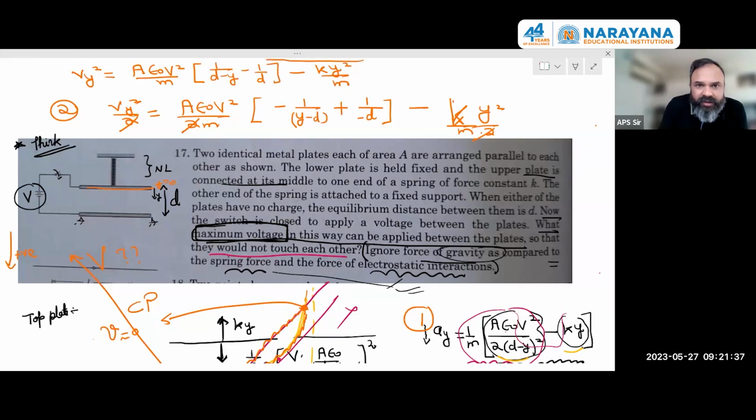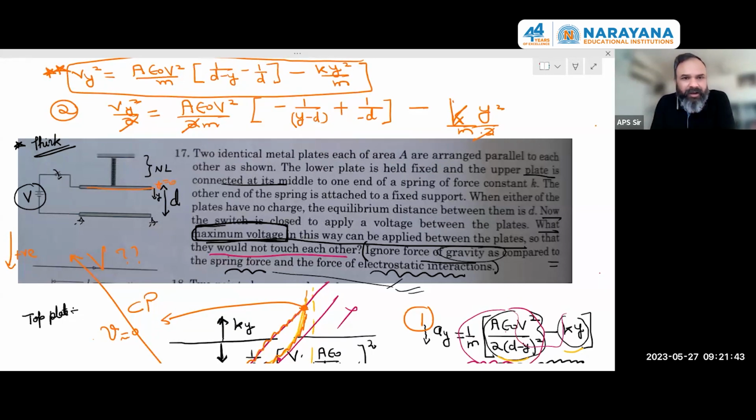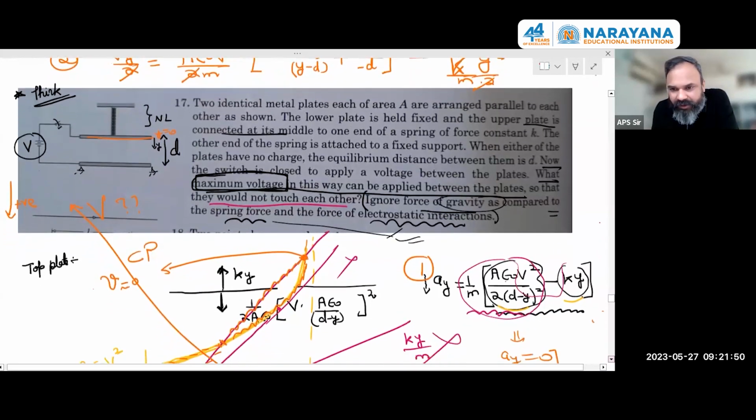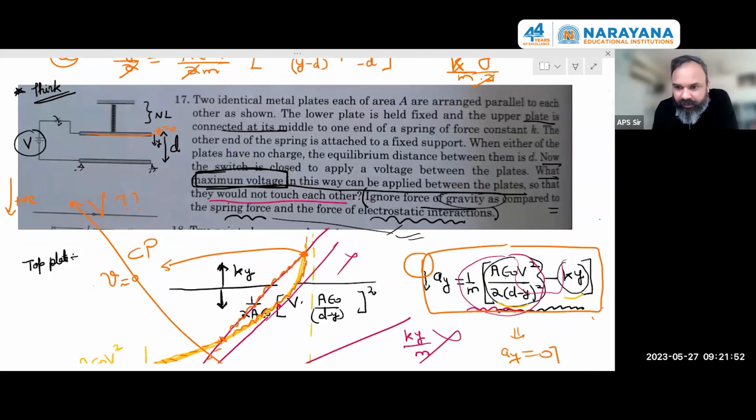This guy is your v squared. Because I have to make it 0, I'm not interested in the root and all. I will make this expression 0. And this guy, wait a second. Yeah, this is my acceleration versus y.